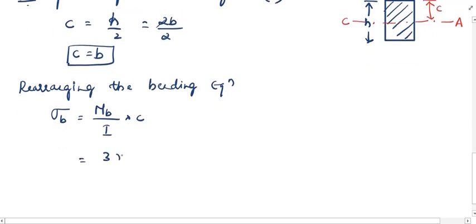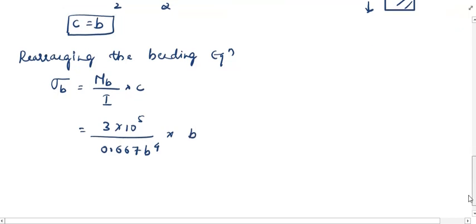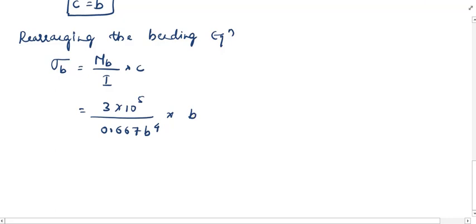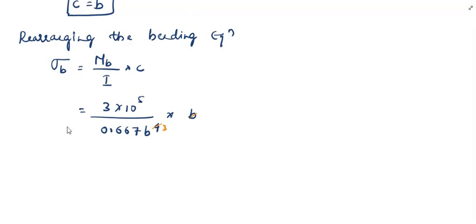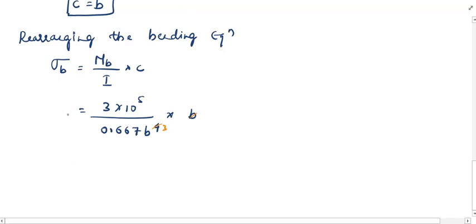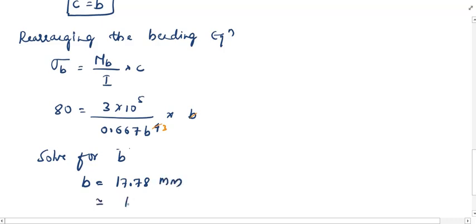MB we know is 3 into 10 to the power 5, I is 0.667 b to the power 4, and c is b. So if I cancel out b and b, I am left with b cube. Sigma b is given as 80 Newton per mm square, so solving for b using the calculator, I get b is equal to 17.78 mm, which can be approximated to 18 mm.